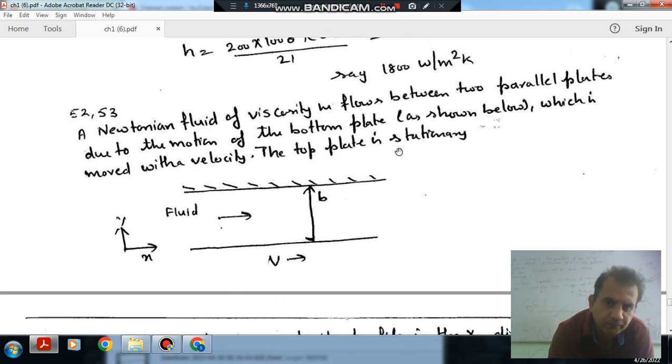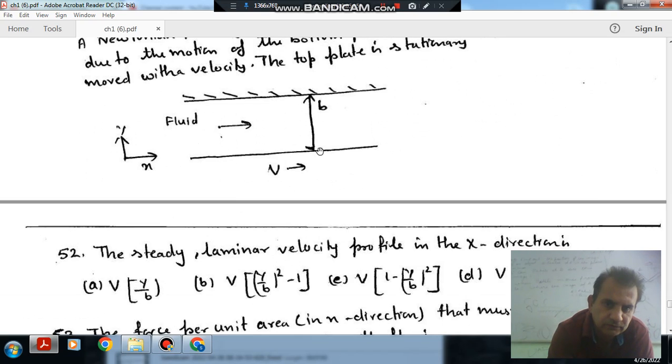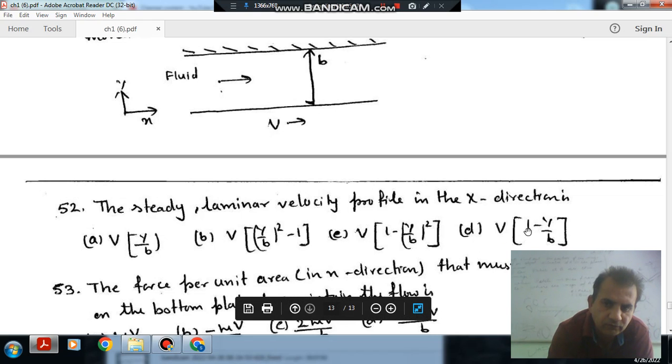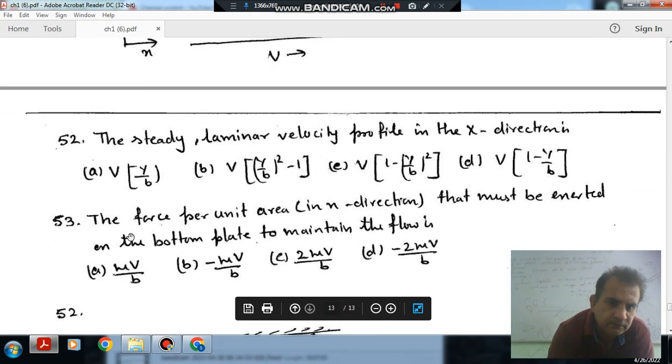The top plate is stationary, the bottom plate is moving with velocity V, and this gap is b. This is the fluid. The steady laminar velocity profile in x direction is: option A V y by b, option B V y by b square minus 1, option C V into 1 minus y by b square, option D V into 1 minus y by b.